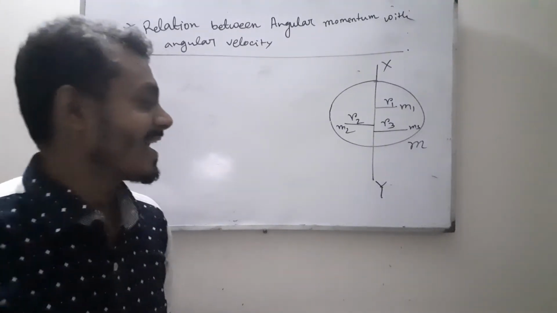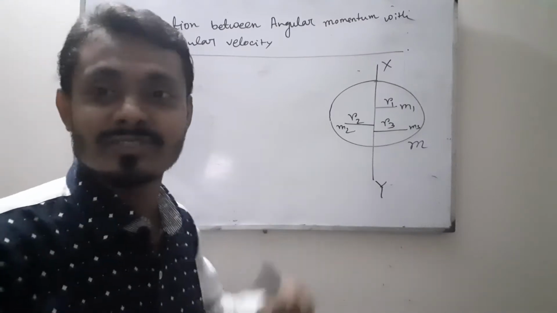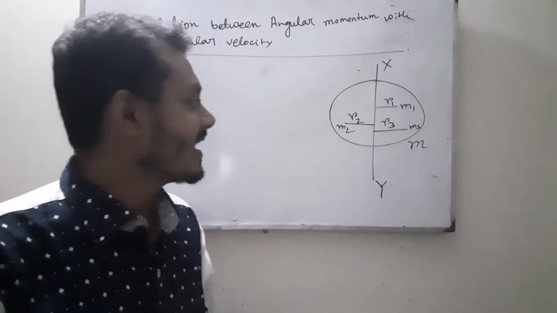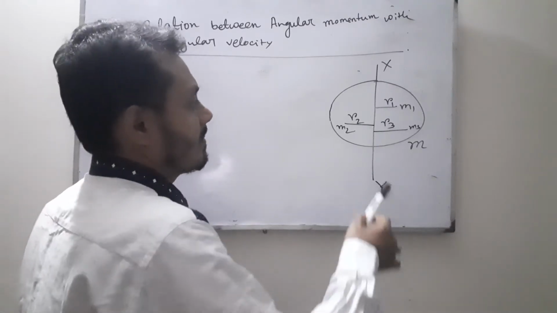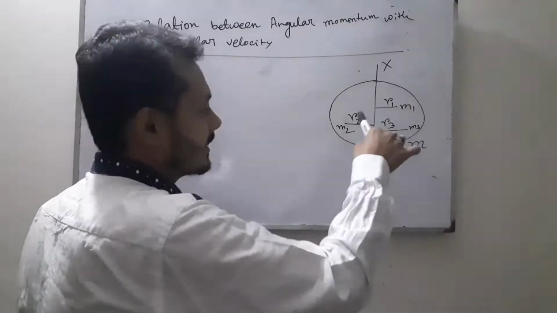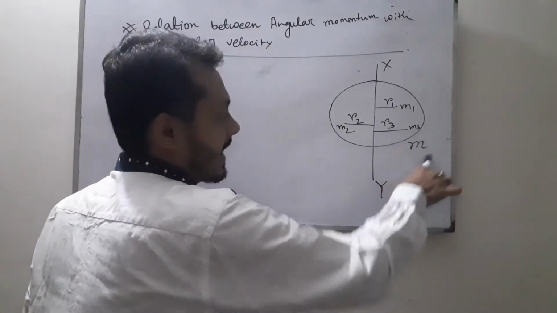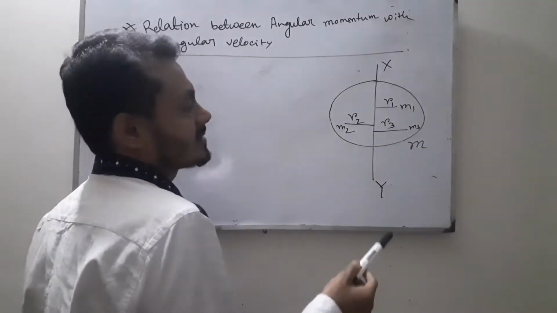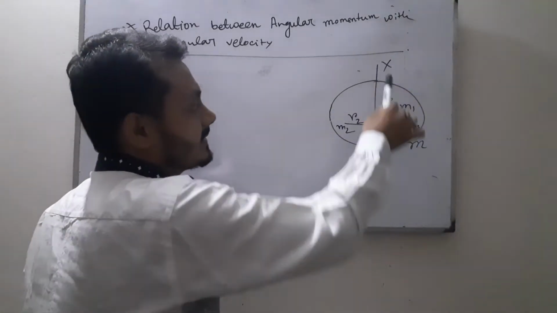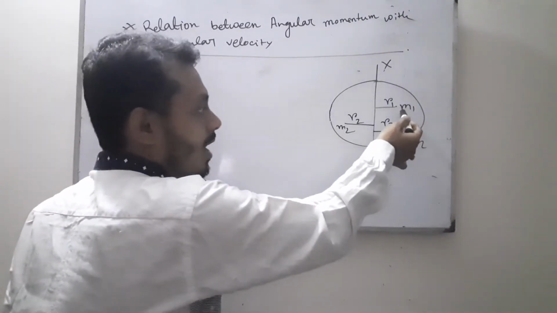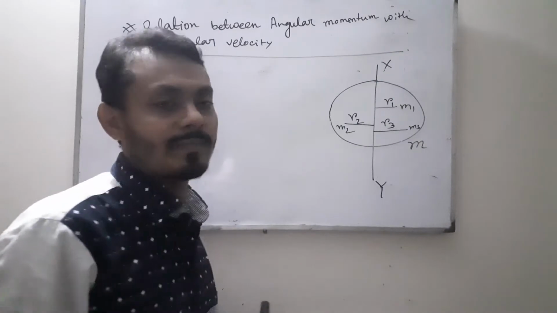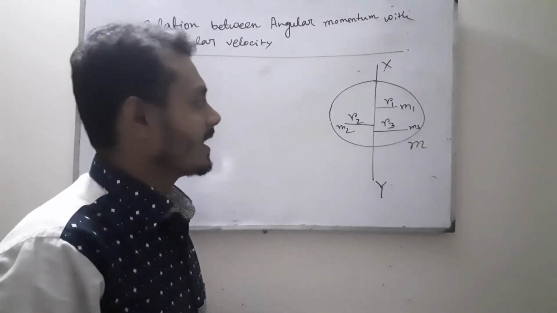Dear students, here is a diagram for this topic. Here we consider a particle or a body whose mass is m, that rotates with respect to an axis, xy. Here we consider particles m1, m2, m3, etc. of the body.